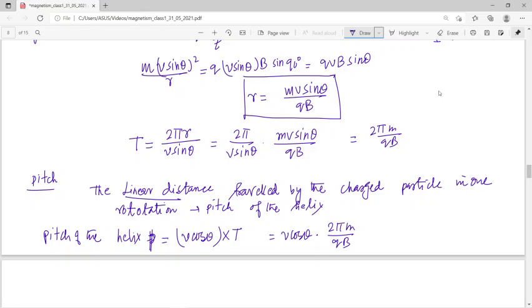Now, we move to the charged particle moving in combined electric and magnetic fields. In the previous cases we considered different facts, where the charged particle was moving either in an electric field or in a magnetic field.